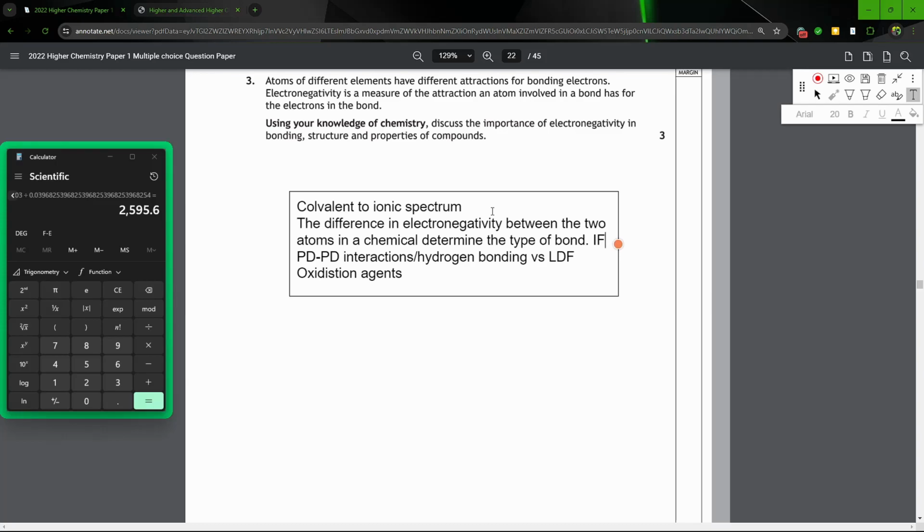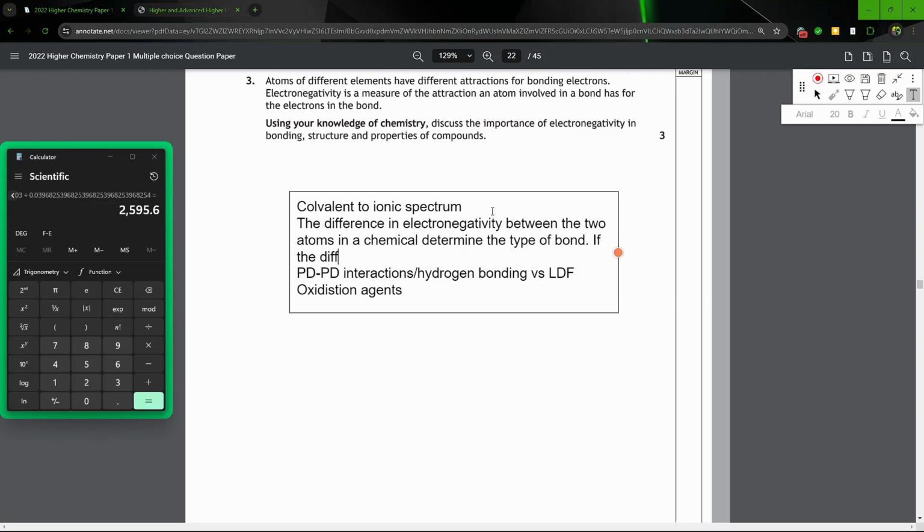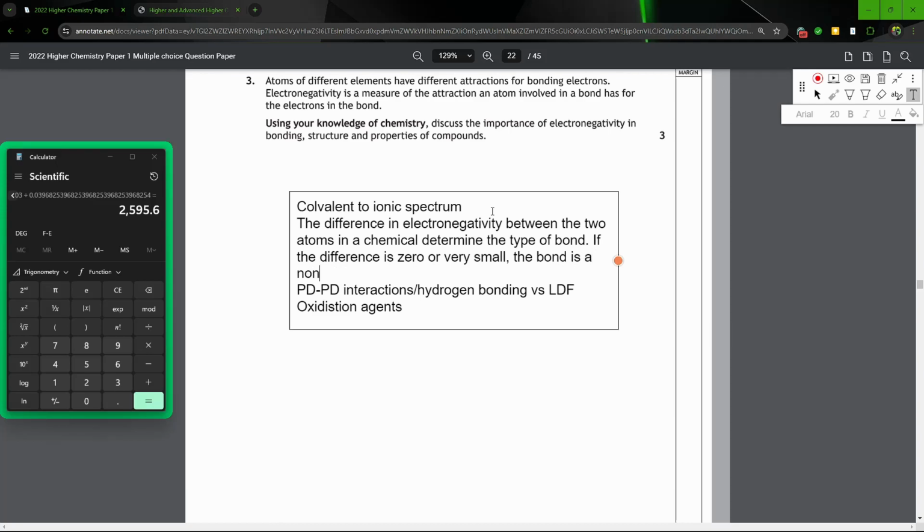If the difference is 0 or very small, the bond is non-polar covalent. So the atoms will share the electrons equally between them.